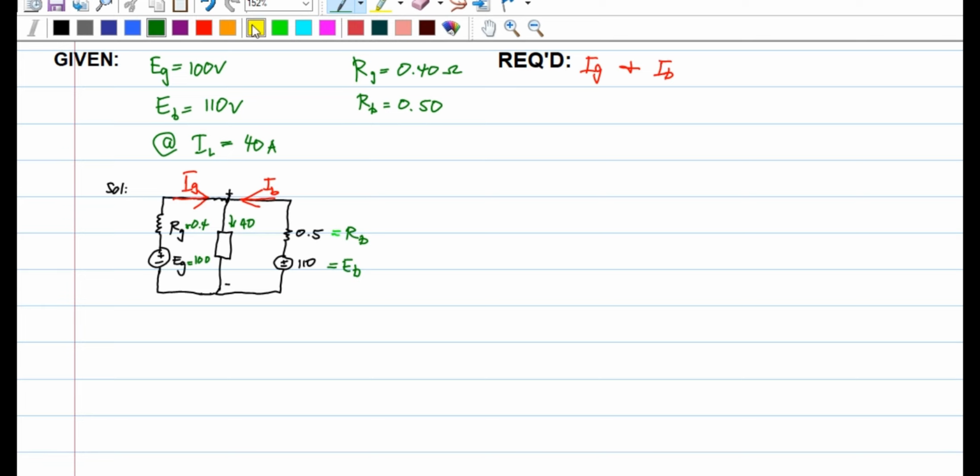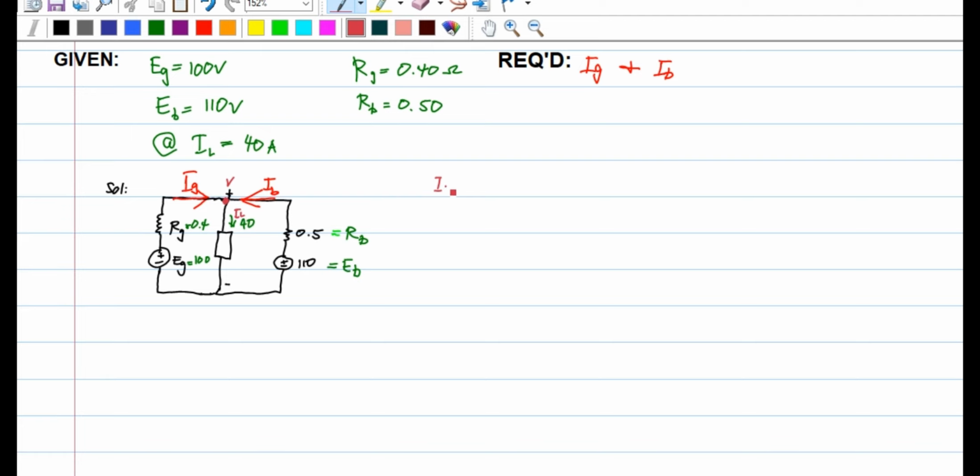And then let's have a nodal analysis at this point, for V. Let's write V here. There are many approaches to this problem. We can use nodal analysis.